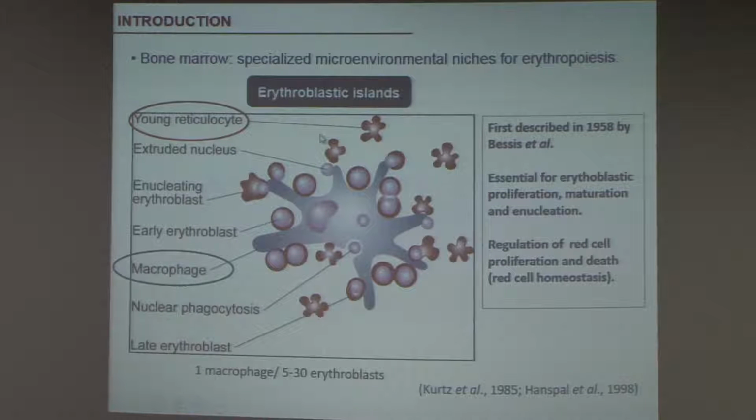The erythroblastic islands were first described in 1958 by Bessis et al., and are essential for erythroblast proliferation, maturation, and enucleation, and regulate in some part the proliferation and death of red cells, so-called red cell homeostasis.